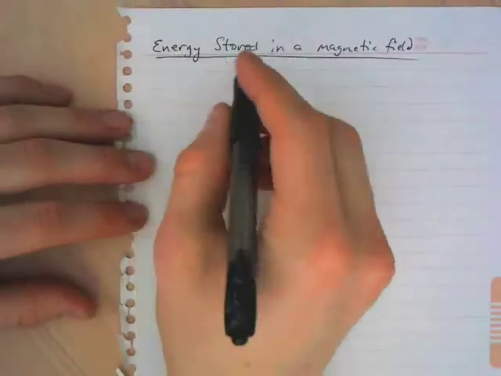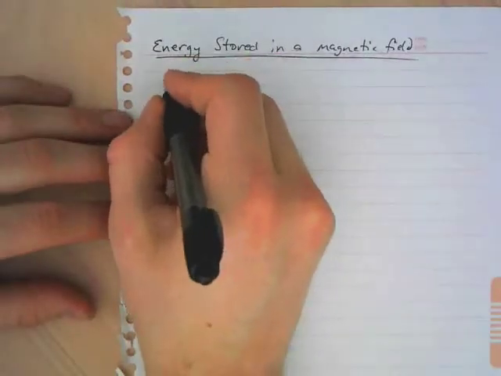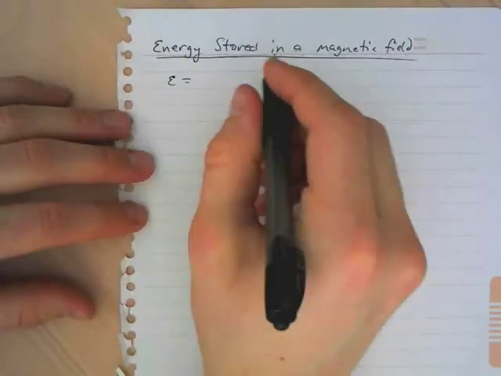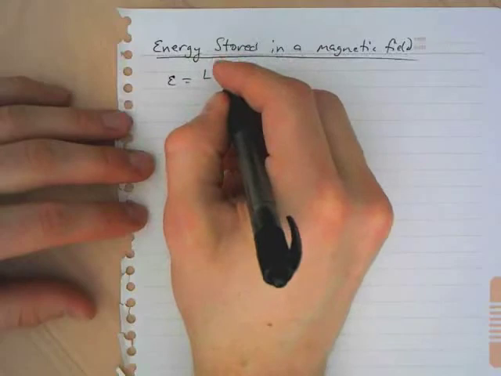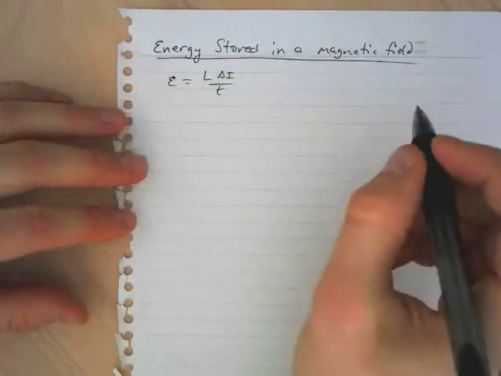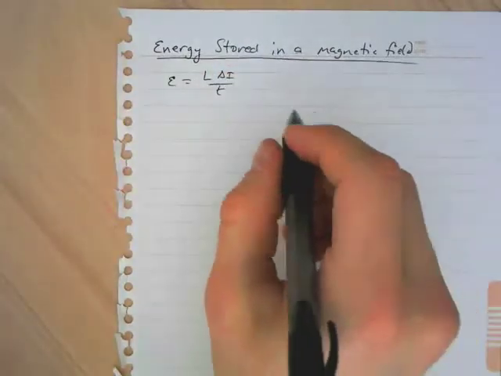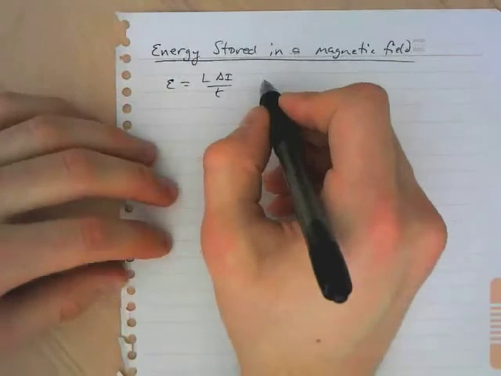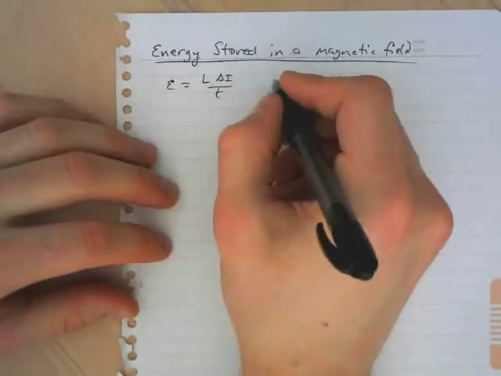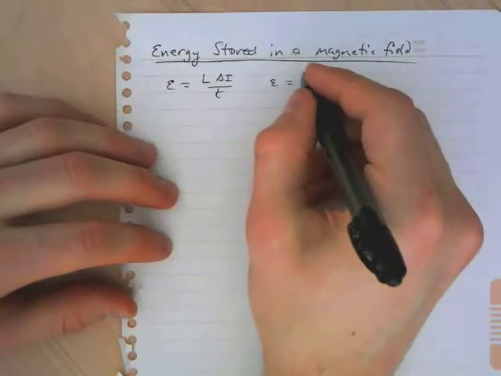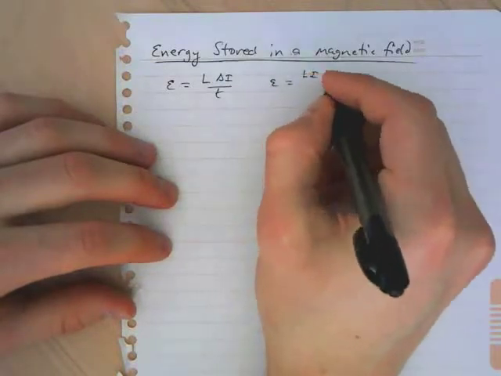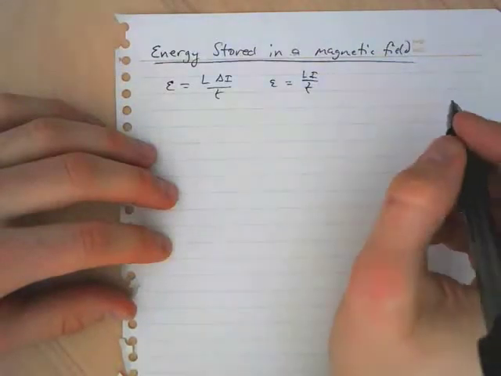Now, we know from before that the EMF of the battery is equal to the inductance times, it's actually a dI by dt, but we can say delta I over t. And so if we close the switch, so that our initial current is 0, we can say that the EMF is equal to L times I minus 0 over t.